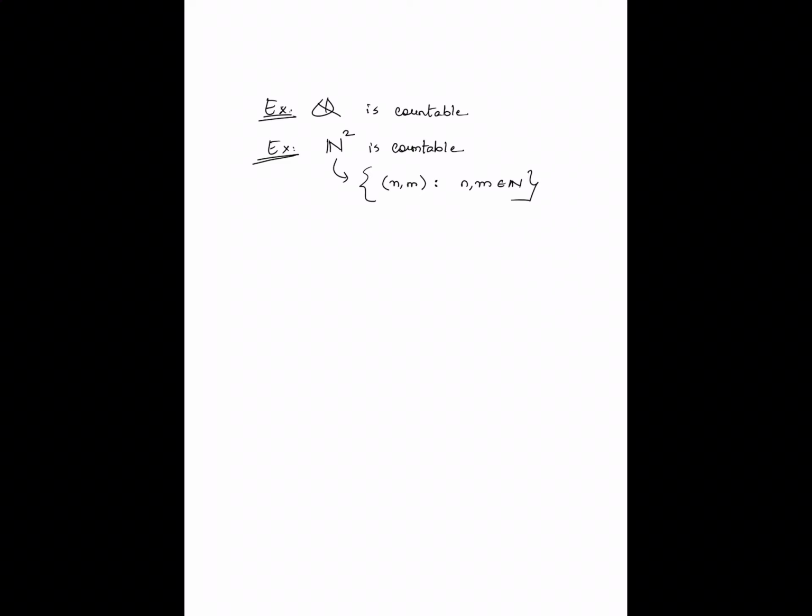So N^2, or N squared as it is sometimes written, is the set of all pairs of natural numbers. Again, use the same ideas from the previous theorem to argue that the Cartesian product of N with itself is countable.